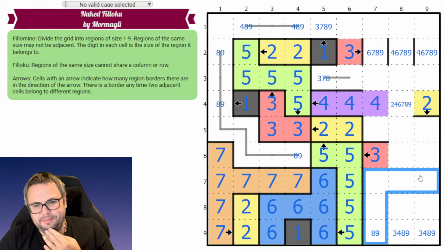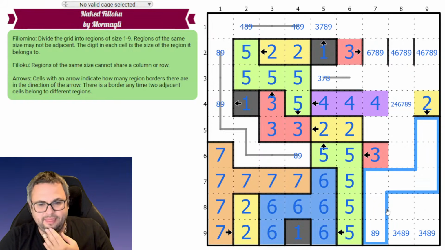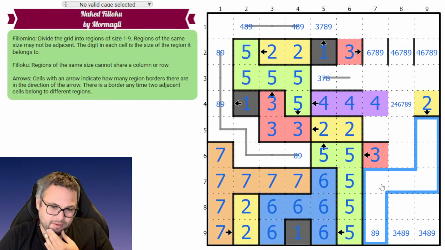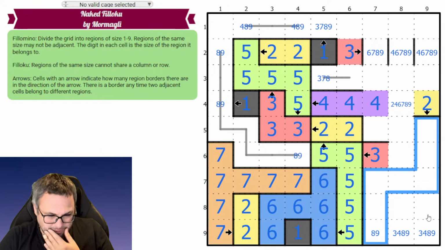So the thing that seems actually quite likely to me now is that this giant region is going to come out like this. This is going to be a 4 down here, and I'm going to end up with something like a 1, 2, 3, 4, 5, 6, 7. Oh, I can't. That doesn't actually work.